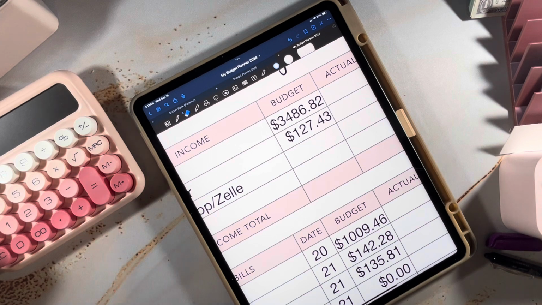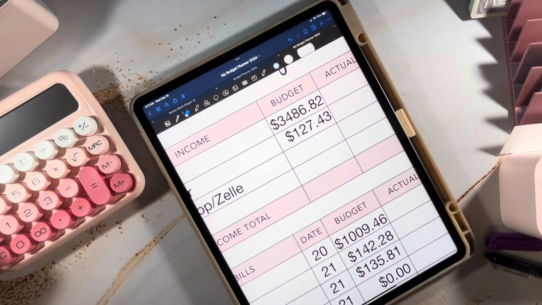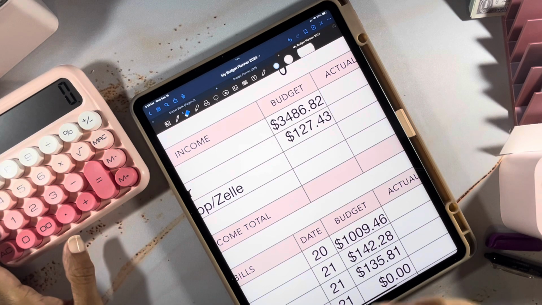So then I think that total is around $125.27. So I think that's why I have that much money left in my account, but that's neither here nor there. We're just gonna move on from that. But everything was paid, so it's not that something didn't get paid. It's just that I had a buffer, and there were 2 things that did not receive money during that last pay period.